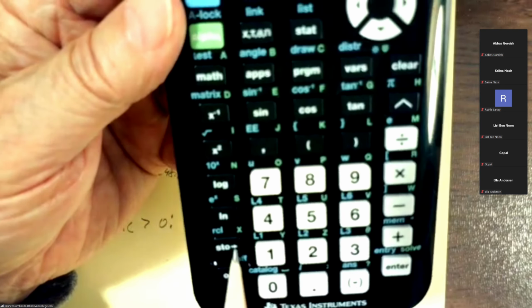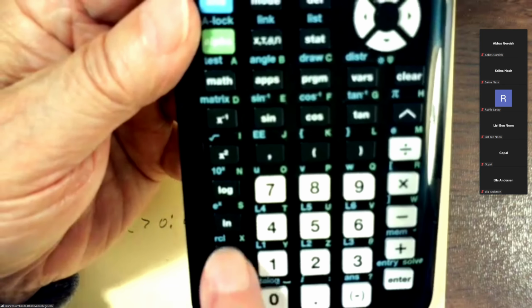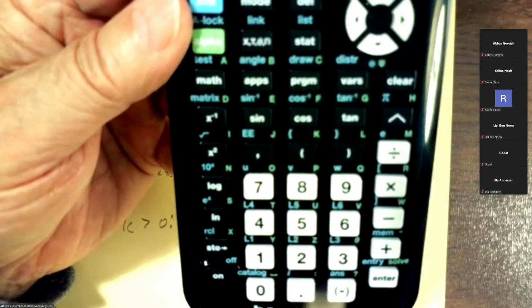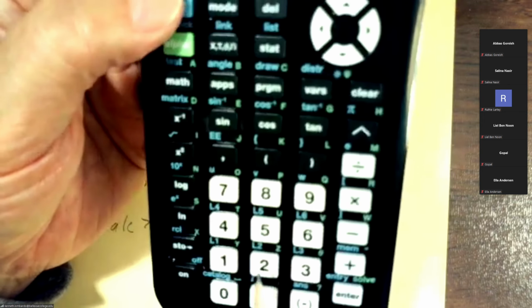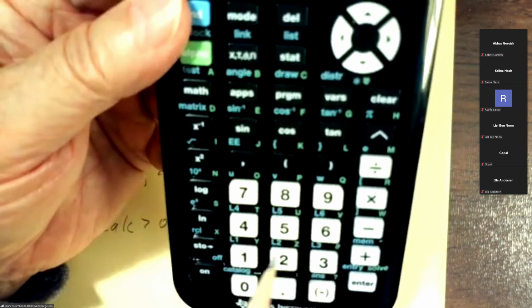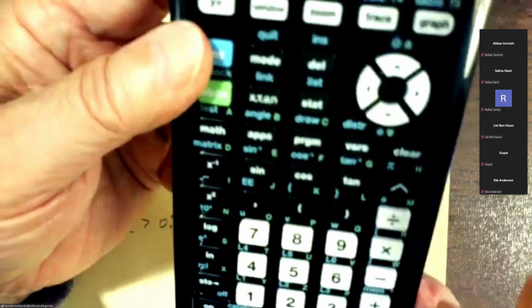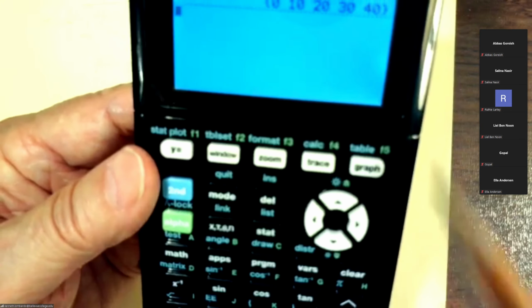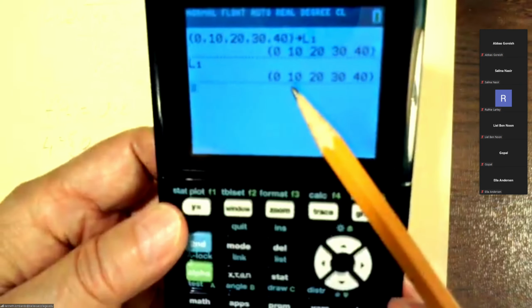So I want to put that into list 1. I've got a store button down here that says, where do you want to store it? I'm going to store it in list 1, which is the second button above the 1. Then I hit enter, and it says, okay, I've done it. Now, if I want to take a look at list 1, I could do second list 1 and ask, what's in list 1? And it says, 0, 10, 20, 30.